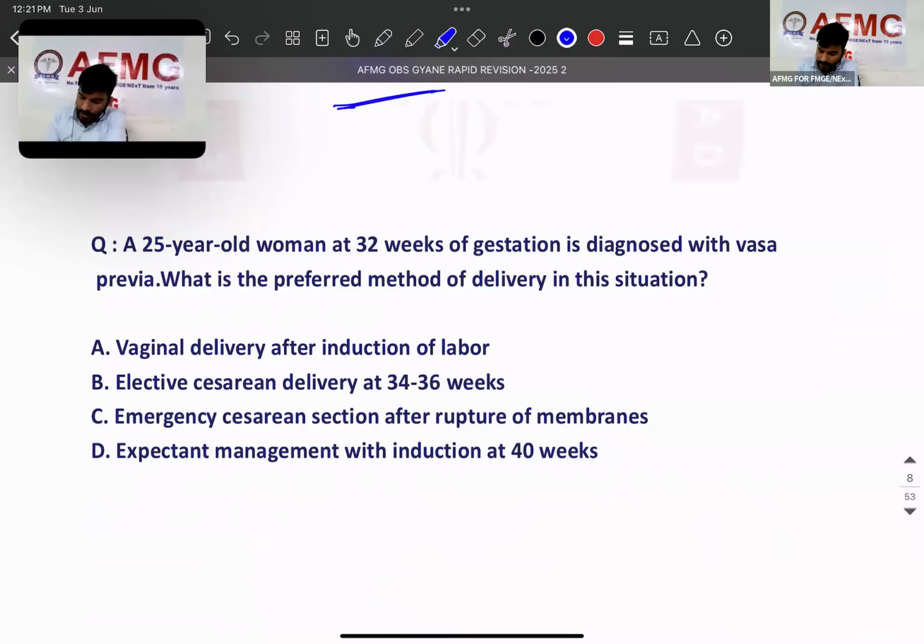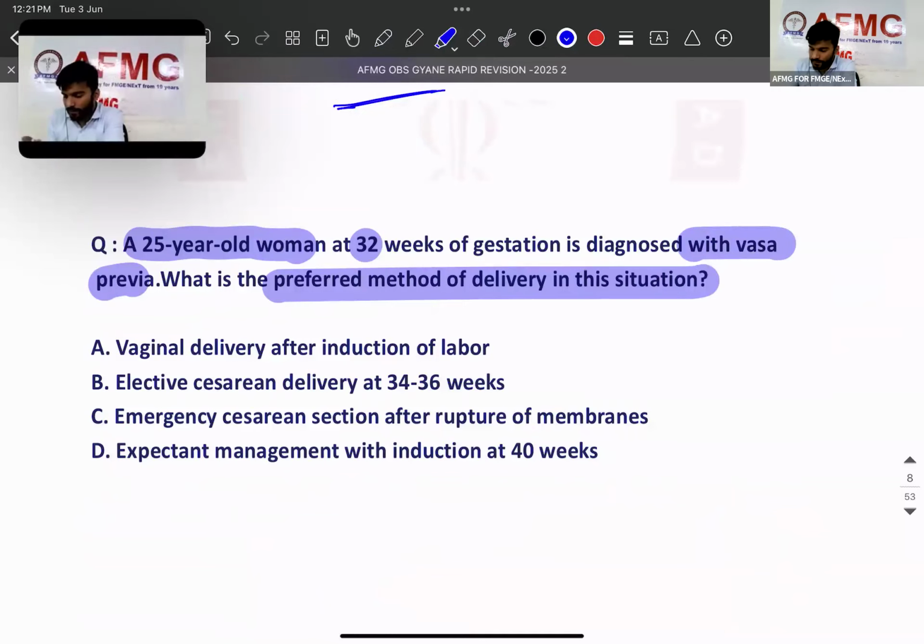Answer this: a 25-year-old woman at 32 weeks, diagnosis of Vasa previa. What is the preferred method in this situation? A, B, C, D. The answer is B. What does elective mean?